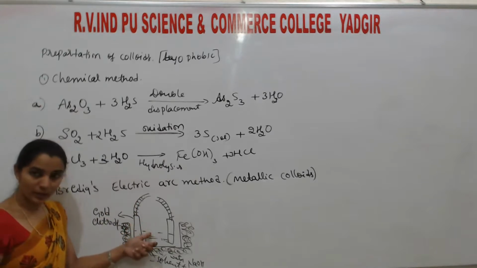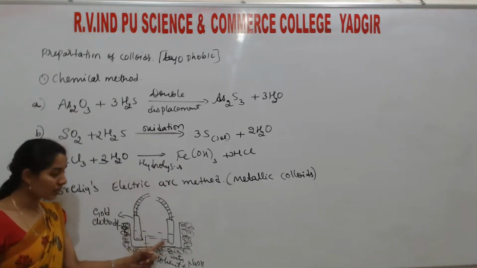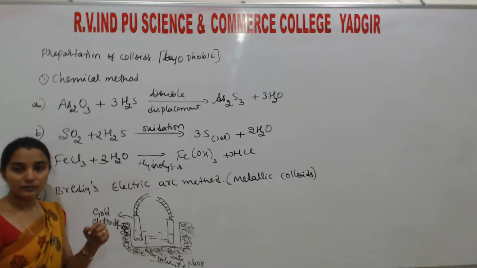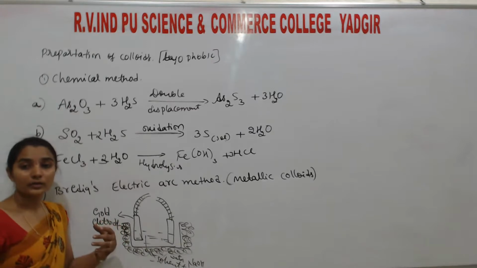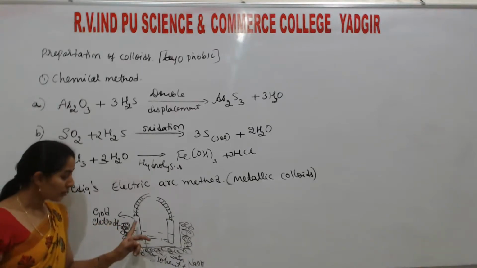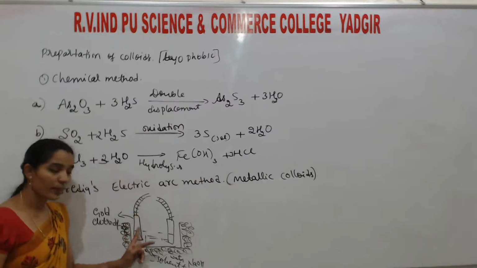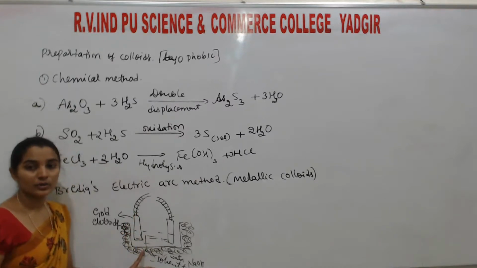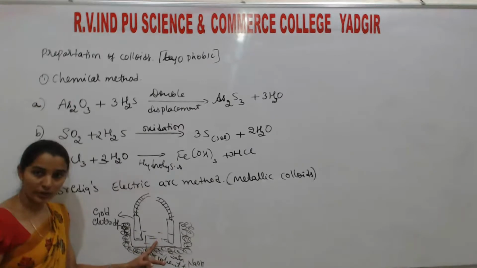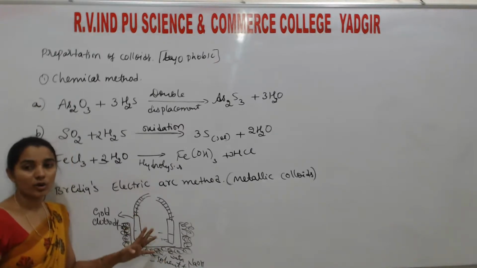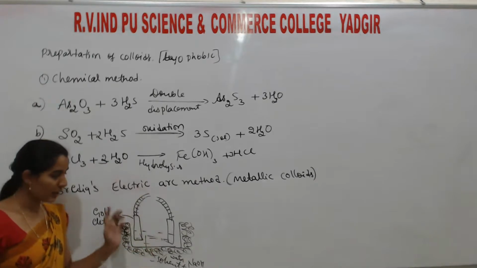When it reaches the required temperature, then they start to form colloid. This gold easily displaces from these electrodes. Then they enter into this solvent. This is the way to form gold sol. Understand? This is the arrangement.